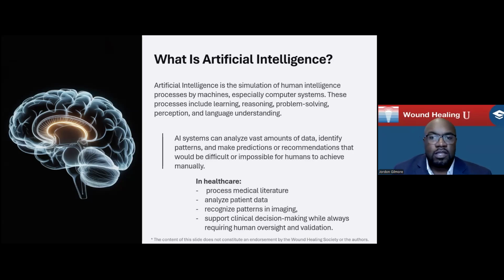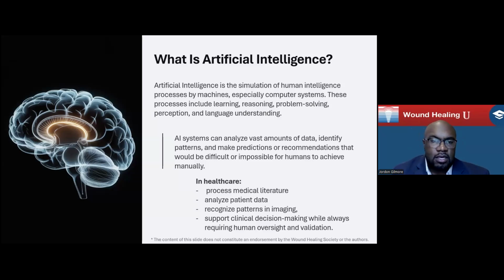And that was actually one of the chief failures of IBM's implementation of AI in healthcare, was the lack of interoperability of data. So these AI systems focus on processing this data, identifying patterns, and making predictions or recommendations that are either impossible for humans to recognize because they're so confounded by noise or other variables, or would be extremely costly in time or expense.